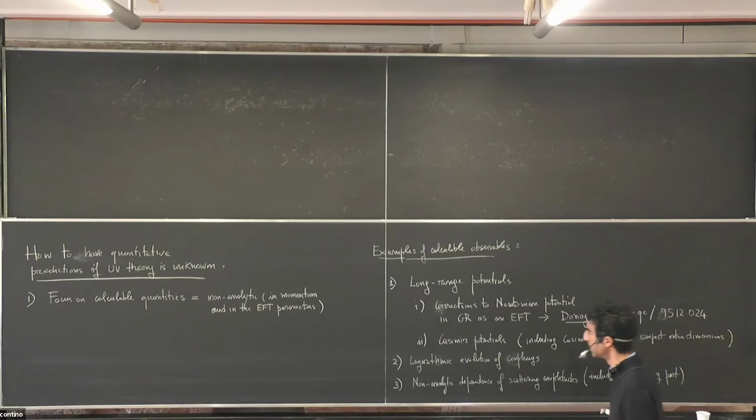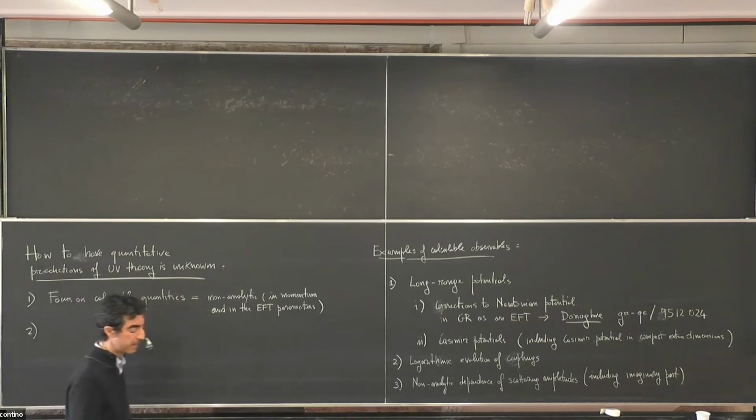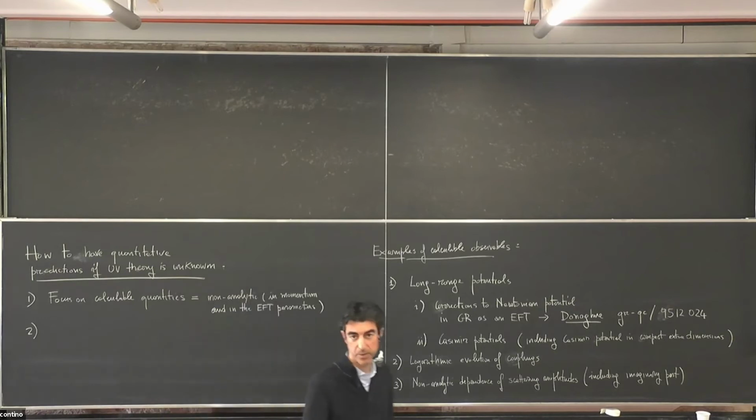Okay, so these are just 3 examples where you can compute things even in an effective field theory whose UV completion is unknown. The other possibility is to fit the effective coefficients from experiment.